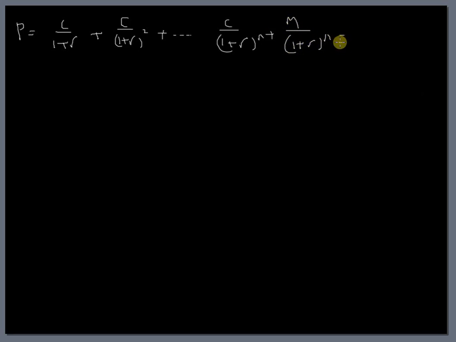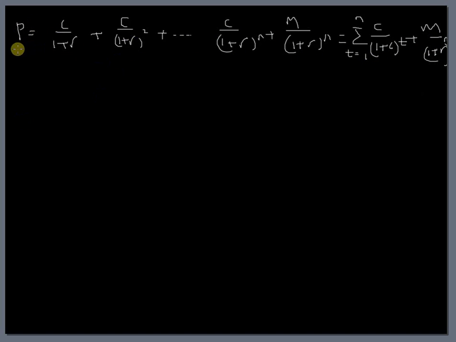P is equal to C over 1 plus R plus C over 1 plus R squared, okay, plus so on, C over 1 plus R to the power of N plus M over 1 plus R to the power of N. Okay, so let me write this in shorter notation: P equals the sum from 1 to N of C over 1 plus R to the power of t, plus M over 1 plus R to the power of N. Okay, so this is the formula for the bond price.